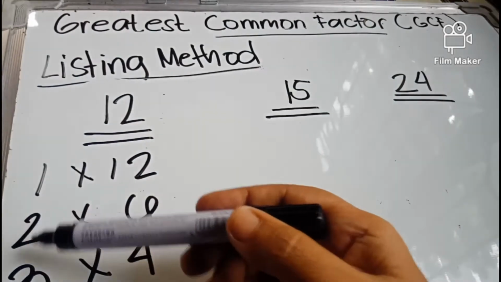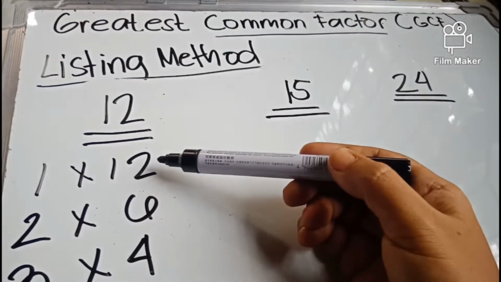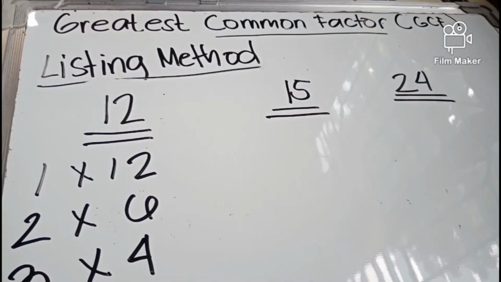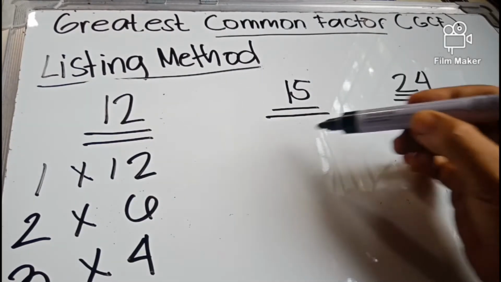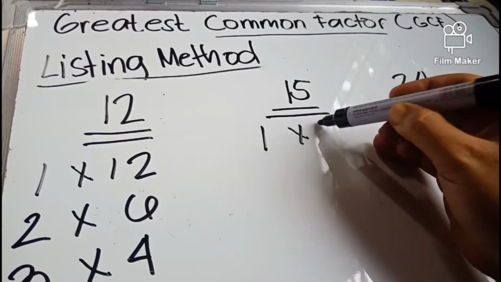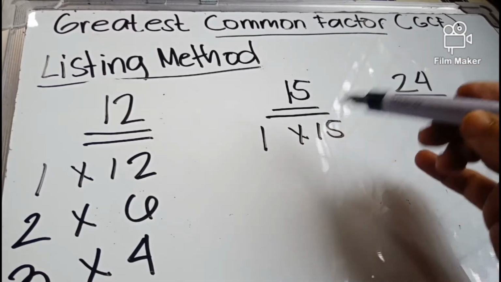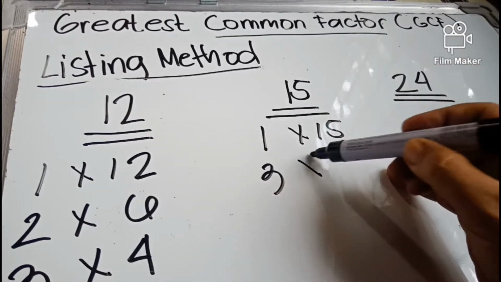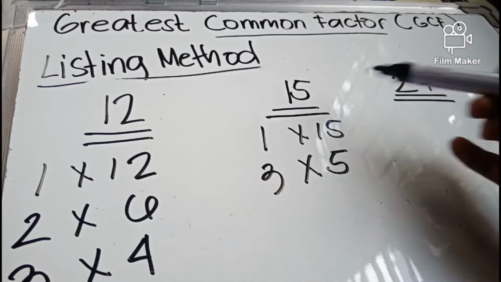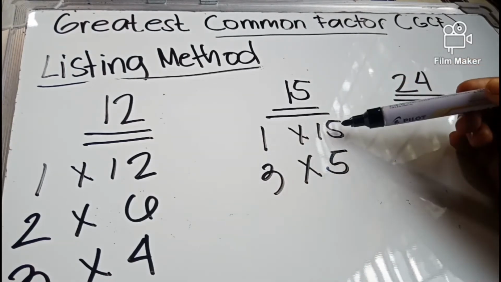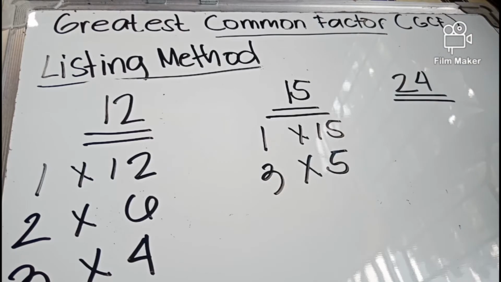So, 1, 2, 3, 4, 6, and 12 are the factors of 12. How about 15? 1 times 15, 3 times 5. So, 1, 3, 5, and 15 are factors of 15.